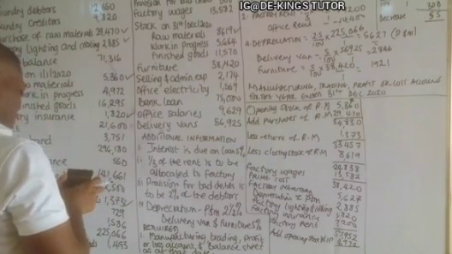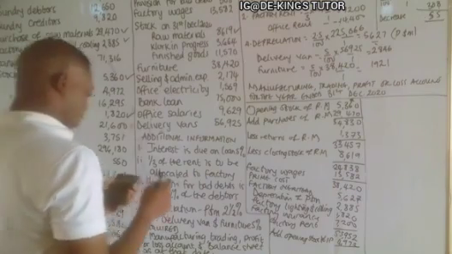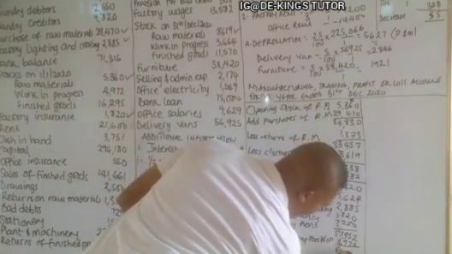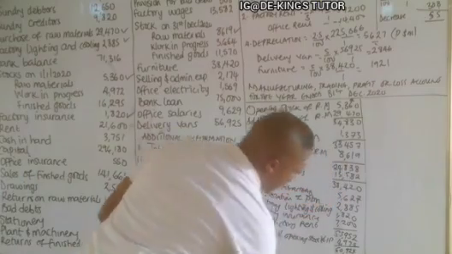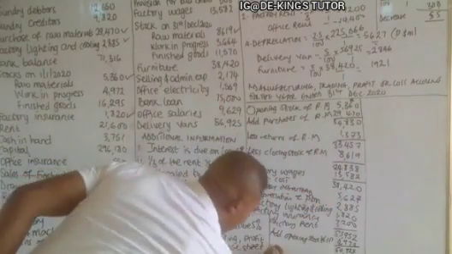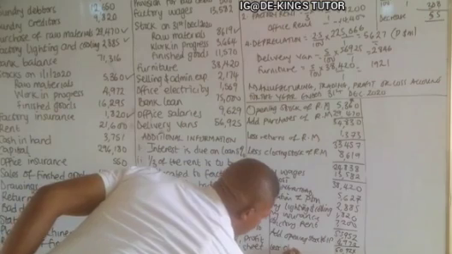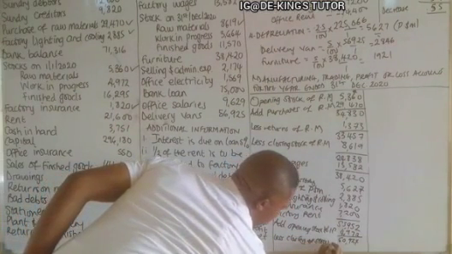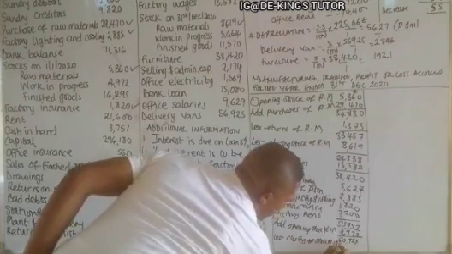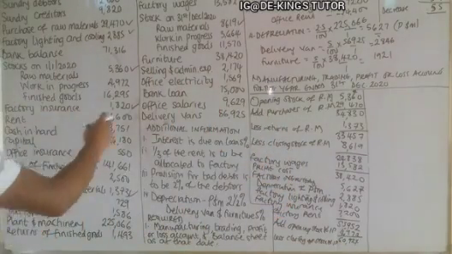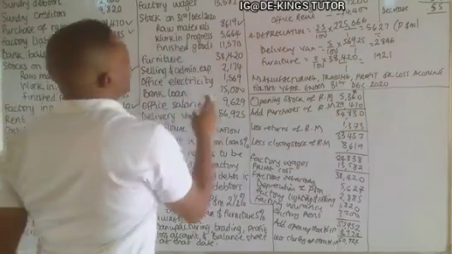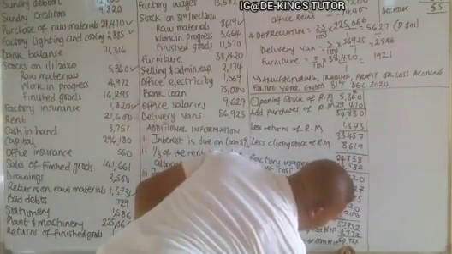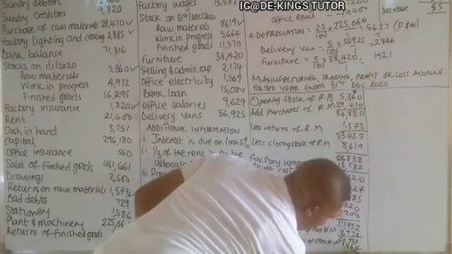Okay, 4,972. So we have 6,924. Okay. Now we say less closing stock of work in progress. Closing stock of work in progress is giving us 3,664.